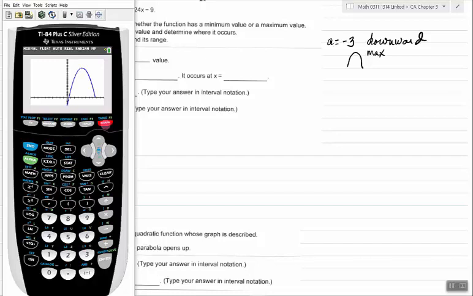There we go. To find the coordinates of the max, I'm going to use the calc feature. So second of the trace key is calc. I choose number 4, which is maximum. I need to be on the left side of the maximum. Enter. Then I pass through it, go to the right side, enter, hit enter a third time when it's asking me to guess, and it is 4, 39.